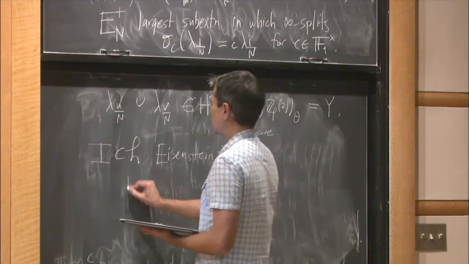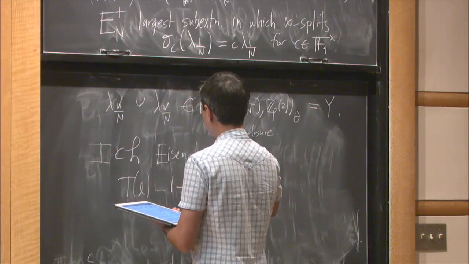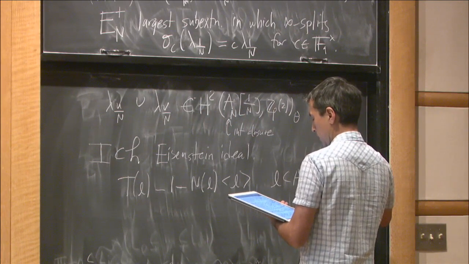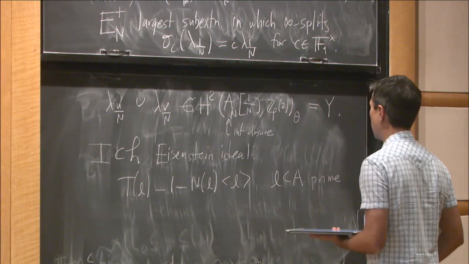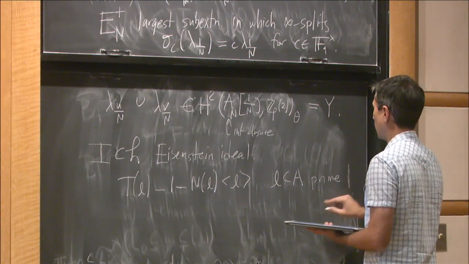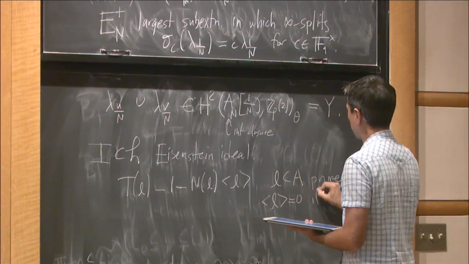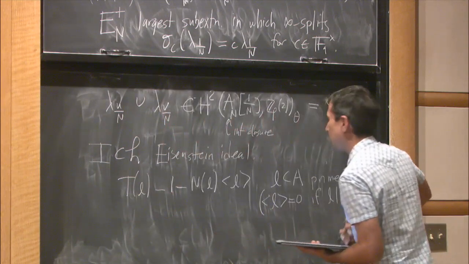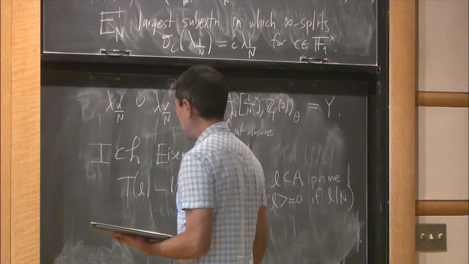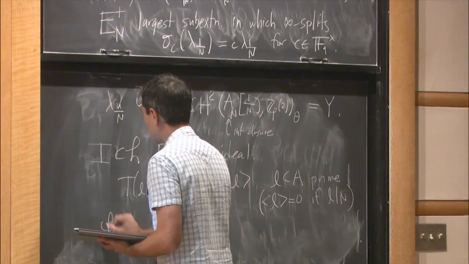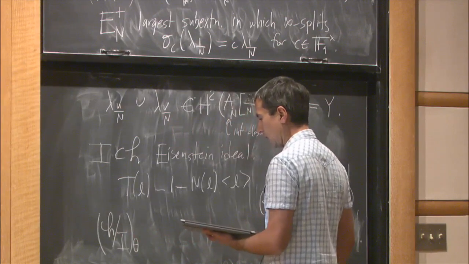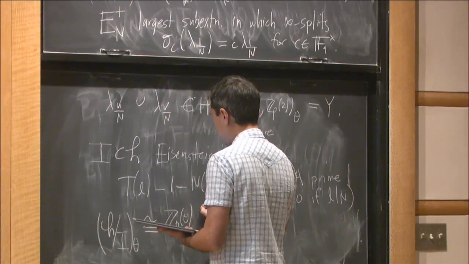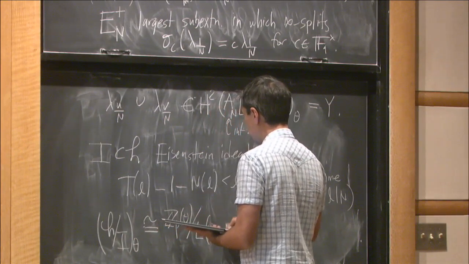So this is going to be generated by T_l minus 1 minus n of l for l in A prime, I guess not dividing n, but we'll just take it to be 0 if l divides n. OK, so define in the same way. And then it turns out that H mod I in this theta part, so now for the action of diamond operators, inverse diamond operators, just as before, is Z_p theta mod L theta minus 1.